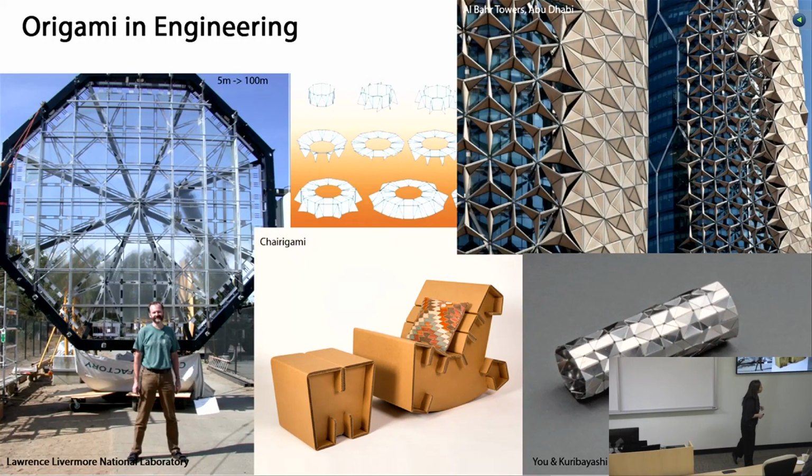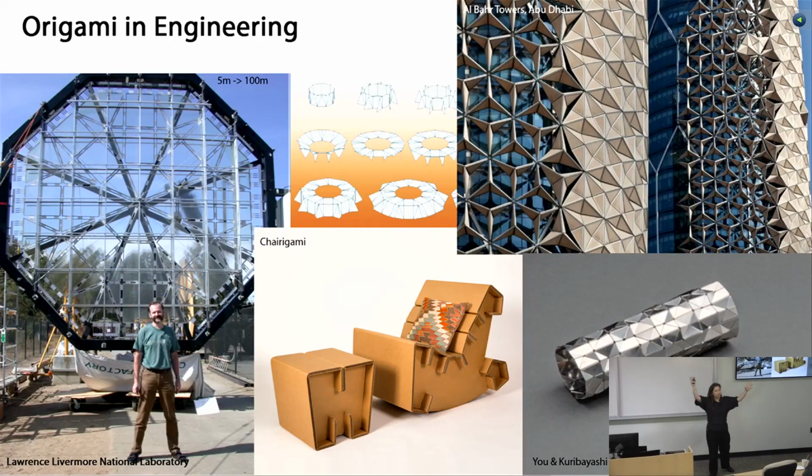The one on the right is an architectural structure where they've put shades on this tower to prevent or allow light to go into the building. And in all of these cases, origami has been used as a tool for allowing shape change, and in the case of this chair here, to bear loads with a very lightweight structure. So we want to know whether we can take advantage of the same sorts of properties for robotics.